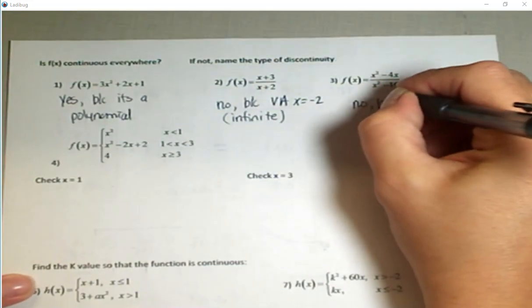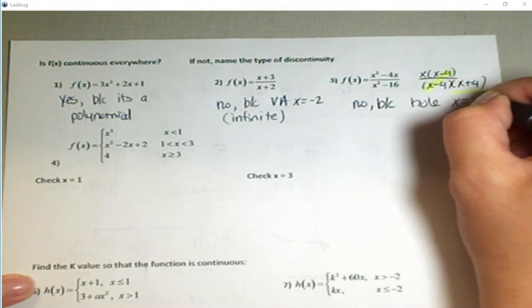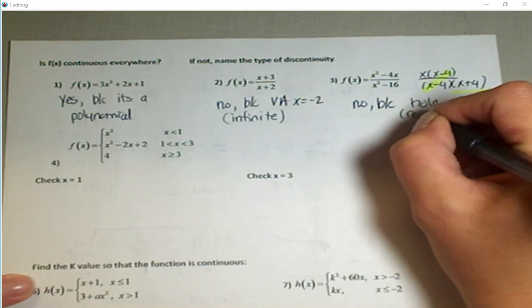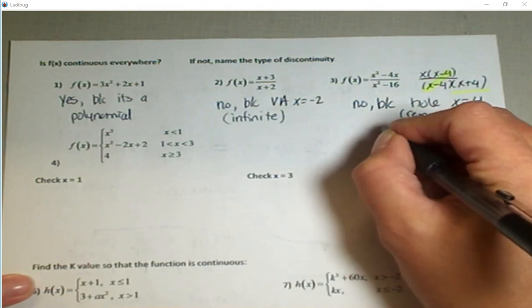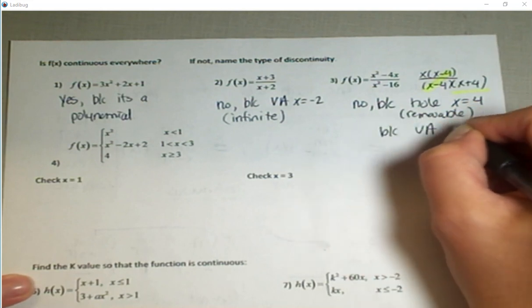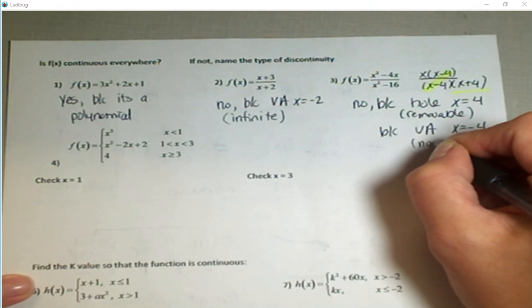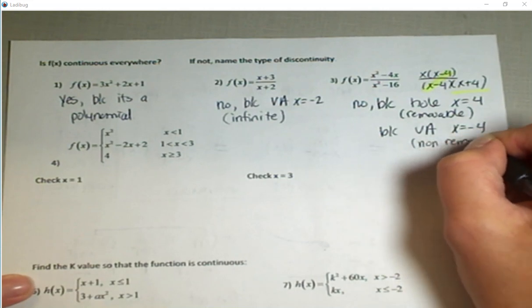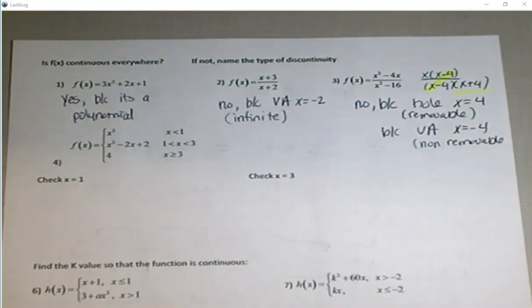No, because there's a hole at x equals 4, so that one is called removable, and because there's a vertical asymptote at -4, and this is non-removable. I guess I could have said infinite as well.